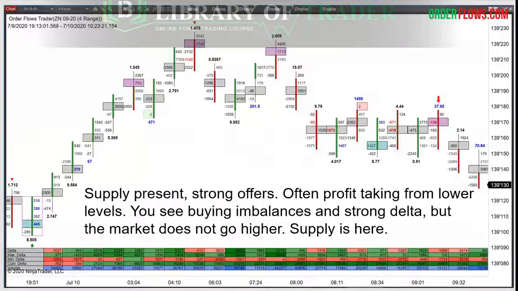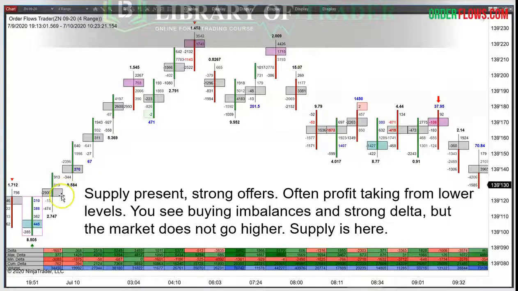Now, here we are. If you're using the Order Flow Trader software, you're familiar with prominent points of control, which indicate supply. It's a resistance level, in the sense that you're looking for the market to come up here and reverse. Here we are, market going up, and you see some strong offers here: 2,200, 700, 1,700, 3,500, 4,400, 1,700, 3,000.